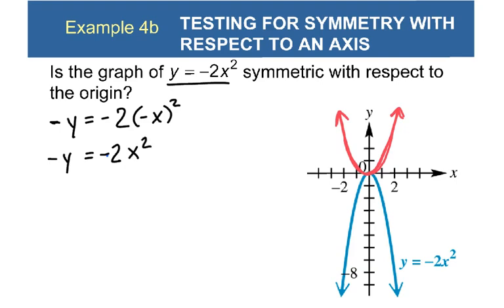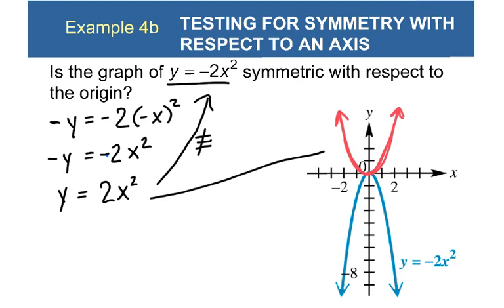And then if we multiply both sides by negative 1 to get y by itself, we're going to end up with a positive 2x squared, which is not equivalent to what we started out with. This right here is this. This right here is that. We do not have the same graph, so it is not symmetric with respect to the origin.